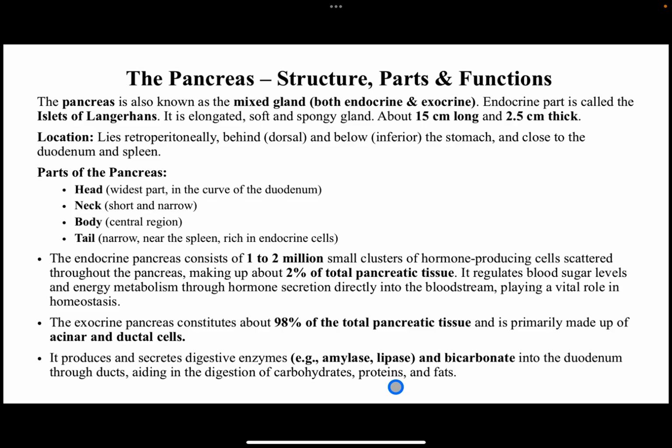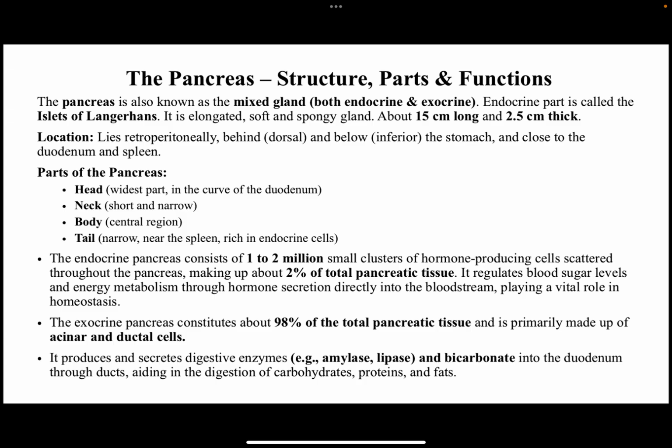So you realize that the endocrine pancreas is made up of the pancreatic islets, and it forms just a small portion, about 2% of the total pancreatic tissue. Is that okay? And the endocrine pancreas is responsible for regulating your blood sugar levels and energy metabolism through hormone secretions that are released directly into the bloodstream, playing a vital role in homeostasis.